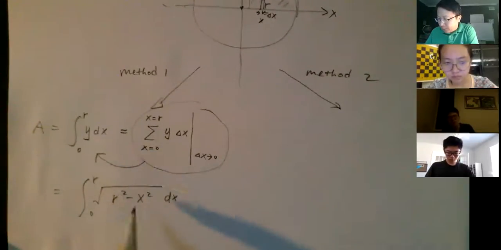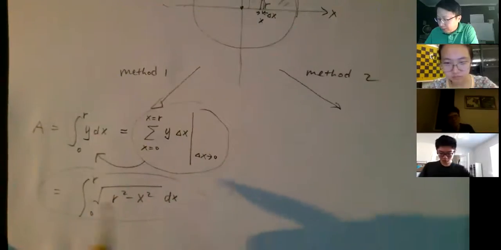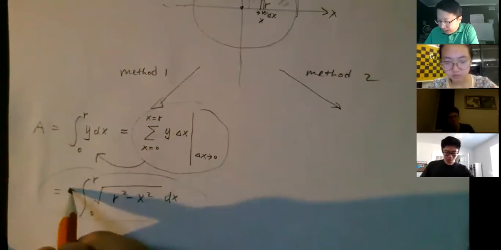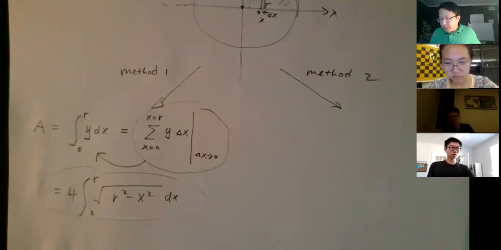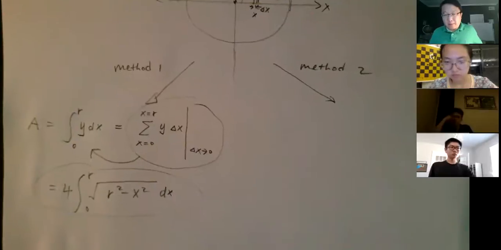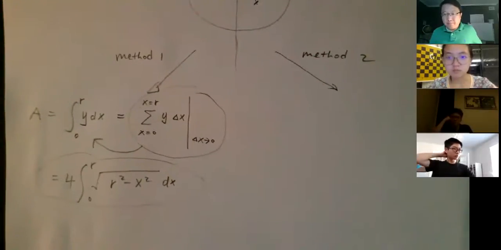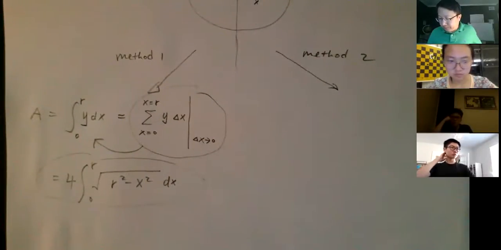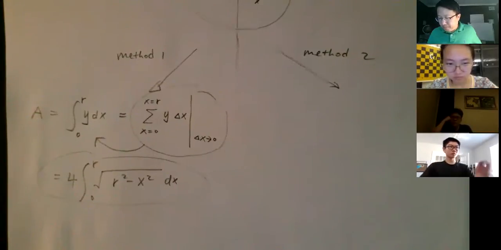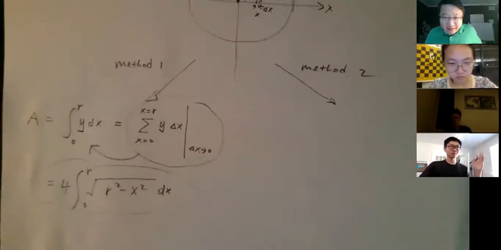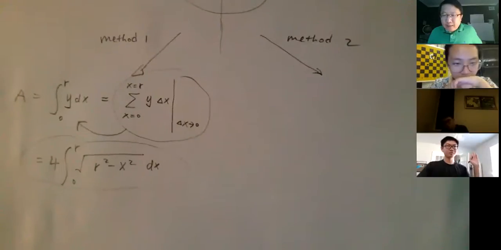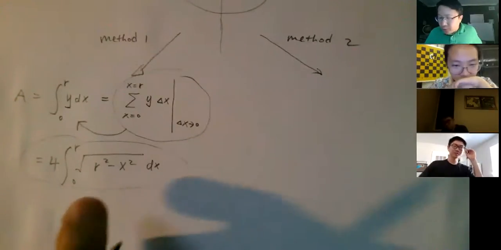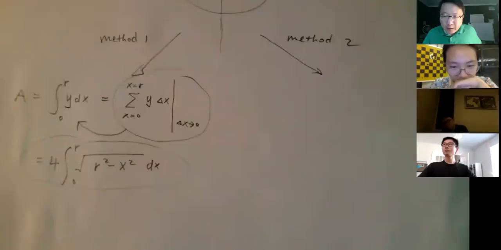That is 1/4 of the circle, and this times 4 equals the whole area of the circle. Correct? That's it. So how do we do this integral? Now it's getting complicated, correct? Okay, so I'll show you a very simple method to do this integral with everything we've learned so far.